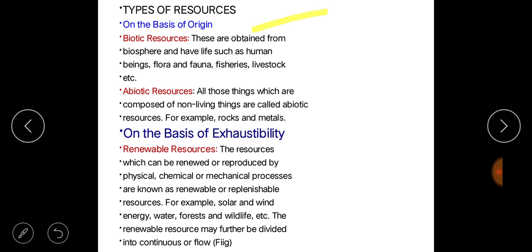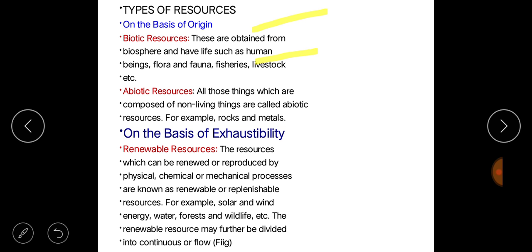These are human beings, flora and fauna, plants and animals, fisheries, livestock, etc. These are all the biotic resources.